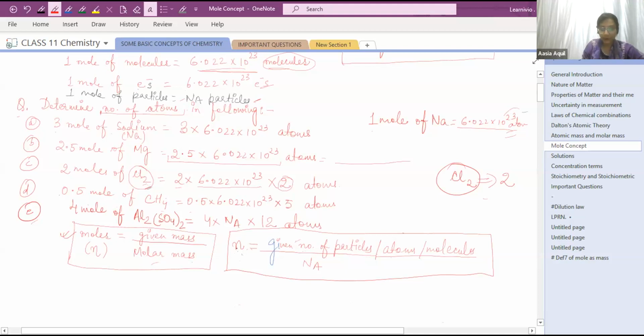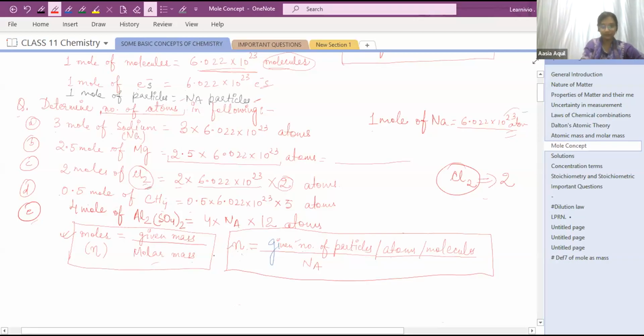The second formula for the number of moles: if the number of particles, atoms or molecules is given, then just divide the number of particles by the Avogadro number. So you will get the number of moles.